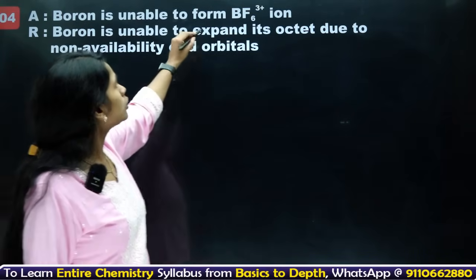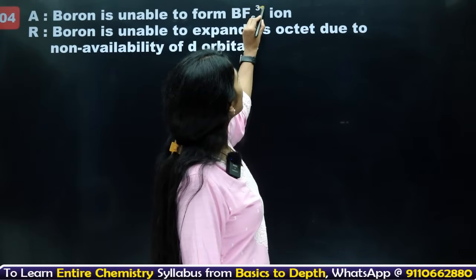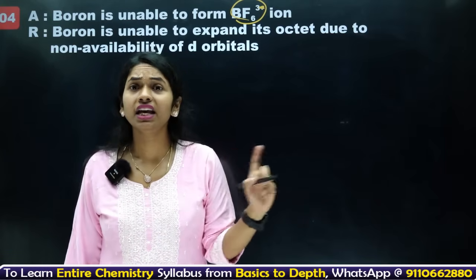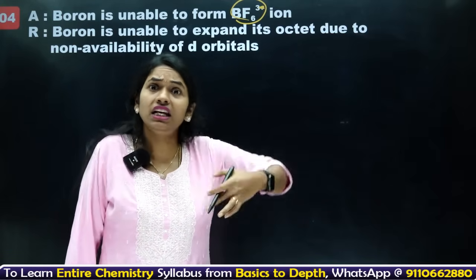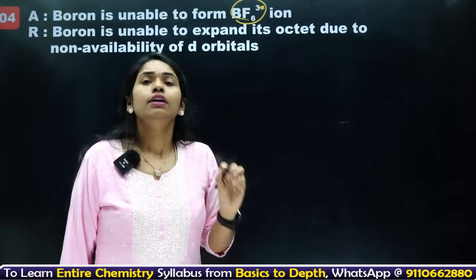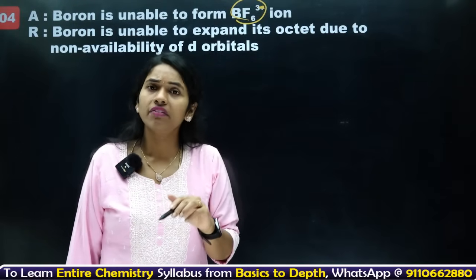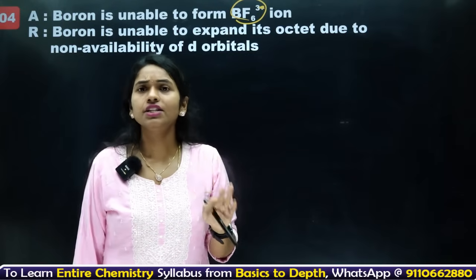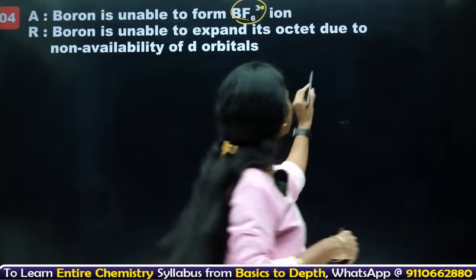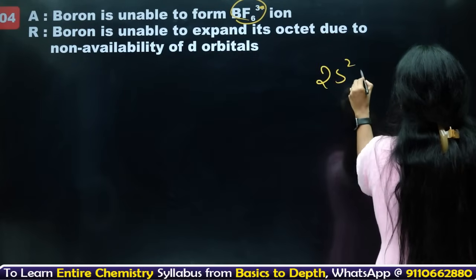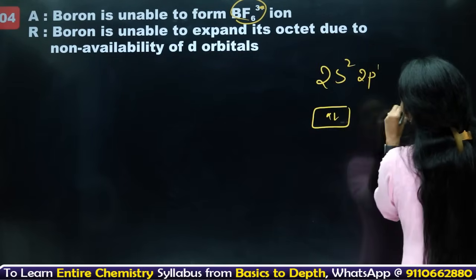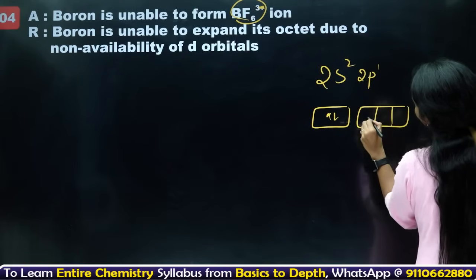Boron is unable to form BF6 3-. Why? Because boron does not have any vacant d orbital, so it cannot expand its covalency. Boron is 1s2, 2s2, 2p1. Only 3 electrons in the valence shell, so plus 3 it can show. If it accepts a pair of electrons, the 2s has 2 electrons and the p has only 1 electron.